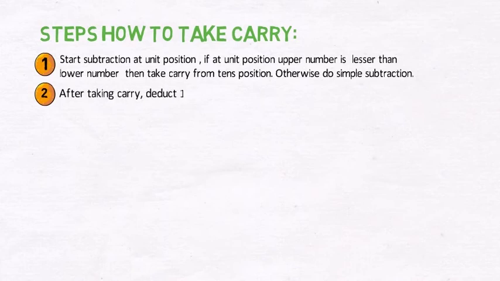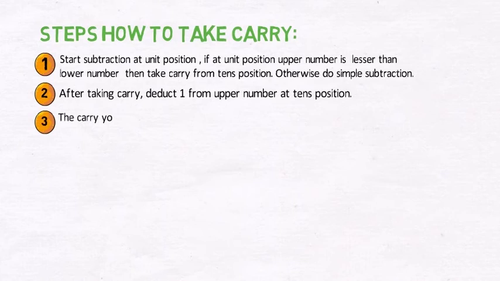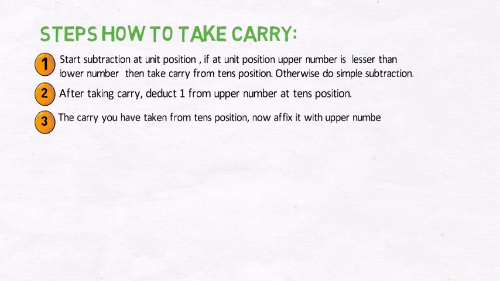After taking carry, deduct 1 from the upper number at the tens position. The carry you have taken from the tens position, now affix it with the upper number at the unit position. In this case the number becomes 15.